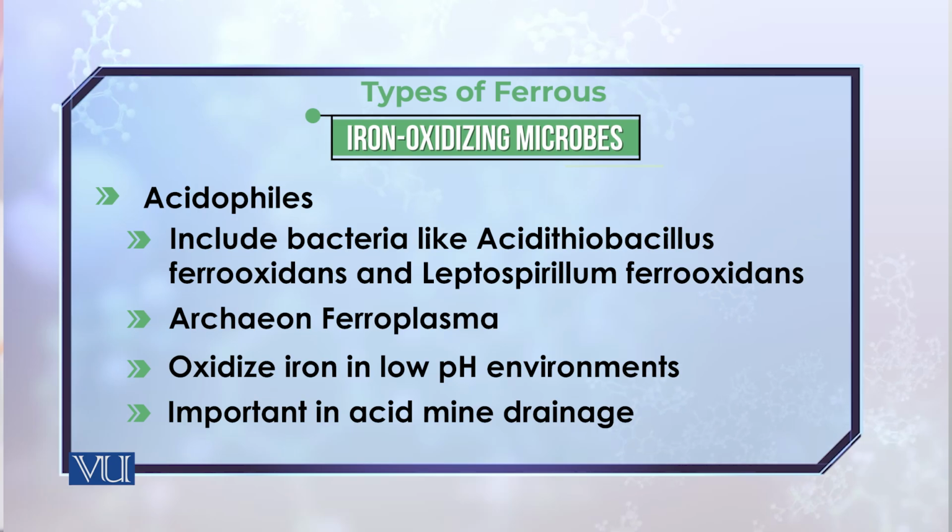the acid mine drainage. When the mining process occurs, as a result there is acidification of the fluid, the aquatic environment which is produced, and it's quite acidic there. Generally we can think that because it's a highly acidic environment, no living thing can thrive there, but still these microorganisms can thrive there.